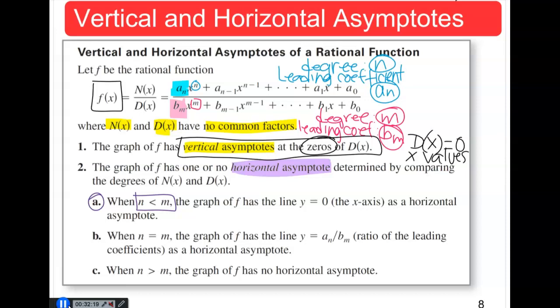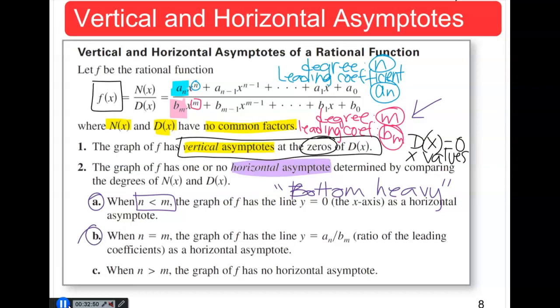I like to refer to this type of function as bottom heavy. In this case, m is greater, the degree of the polynomial on the bottom, so bottom heavy.